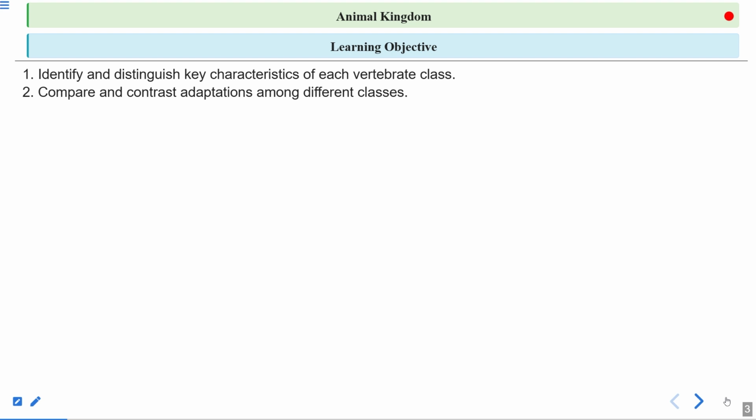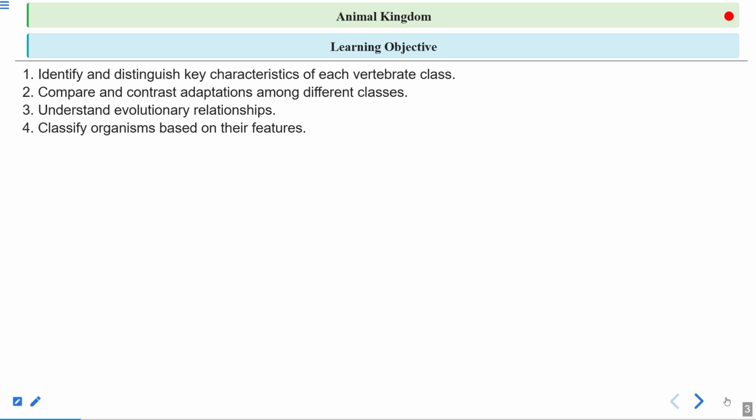You will be able to compare and contrast adaptations among the different classes of chordates. We are going to study the different classes of chordates, right? To understand evolutionary relationships, you can find out what the evolutionary relationships are between the different classes of the chordates.